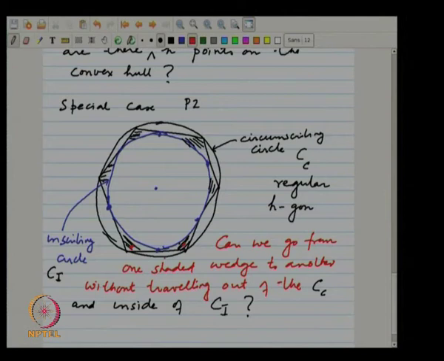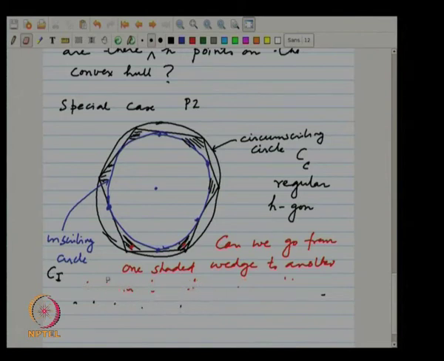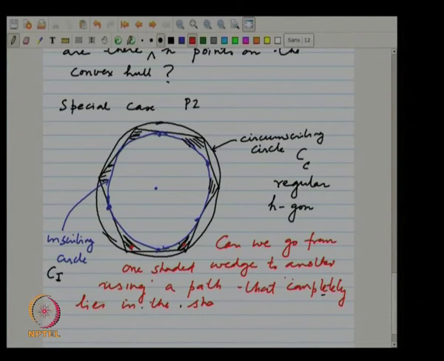Okay, let me make it even simpler, sorry. Can we go from one shaded wedge to another wedge using a path that completely stays within the shaded region?